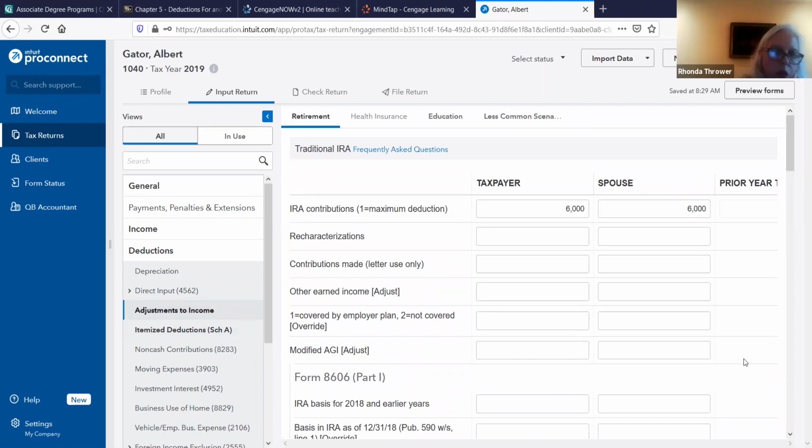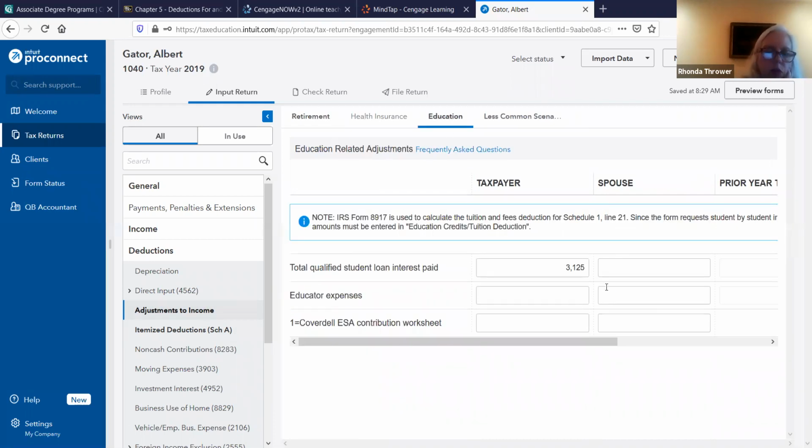Certainly was the IRA contributions. That was education. And this was the amount of student interest that is deductible. Now, you don't have to remember the rules for student interest, but if you read your textbook, you'll know it's limited to $2,500, but ProConnect will do that for you. So I wanted to mention that too. And then that would be all of it.